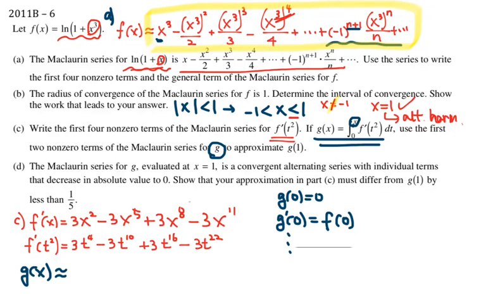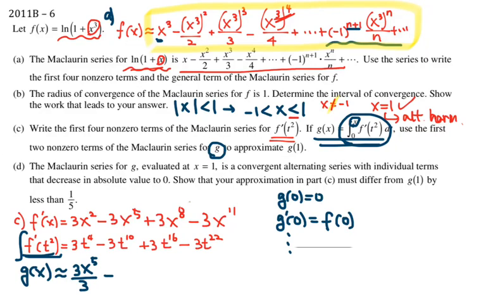Since g of x is the integral, essentially, of f prime, what we're going to be doing is taking the integral of this in terms of t, and then plug in x. Then what we end up getting is this first term becomes 3 x to the 5th power over 3.